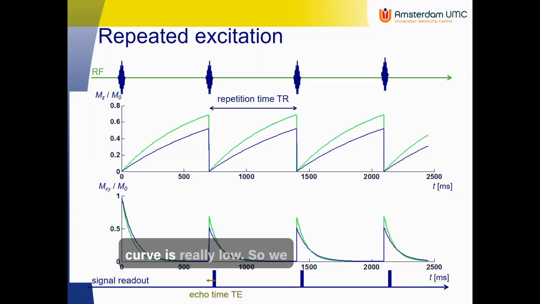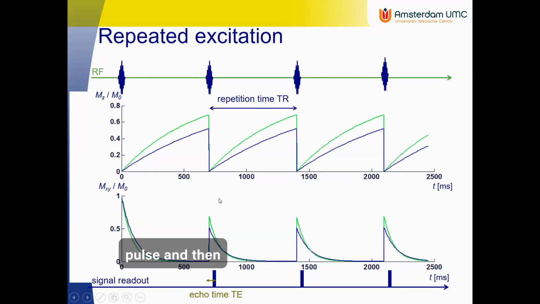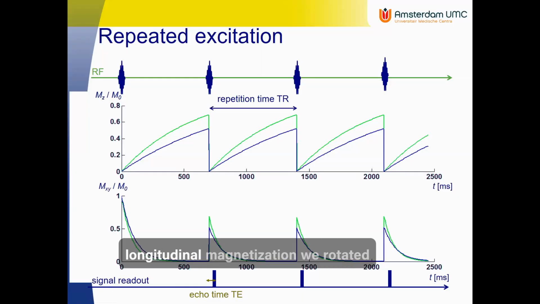A short repetition time is sort of viable, but we get very little signal, because then the curve is really low. We give an excitation pulse, we have a very tiny bit of longitudinal signal recovery, and then we give another excitation pulse. Then we rotate a tiny little recovered longitudinal magnetization into the transverse plane, and we only get a really tiny bit of transverse magnetization, which means very tiny bit of signal.